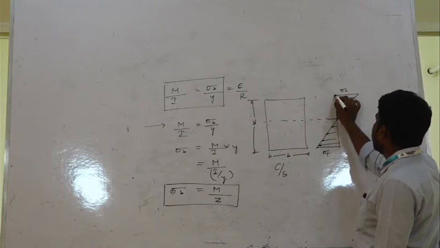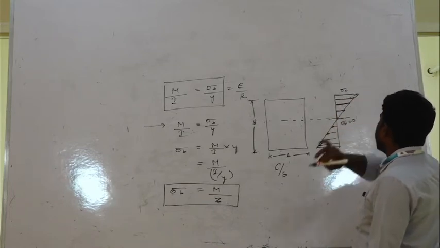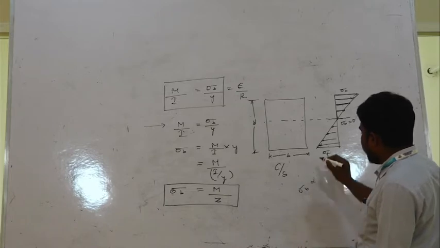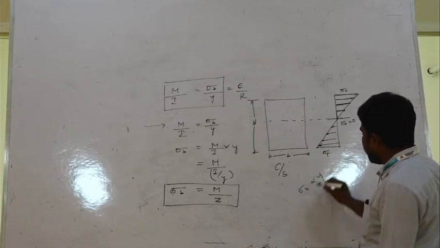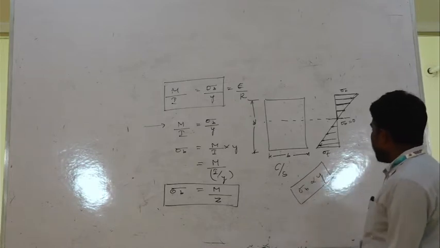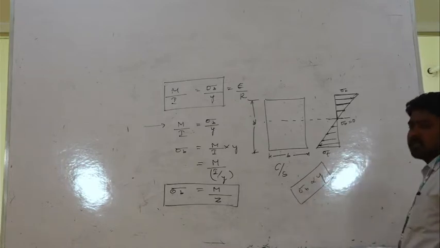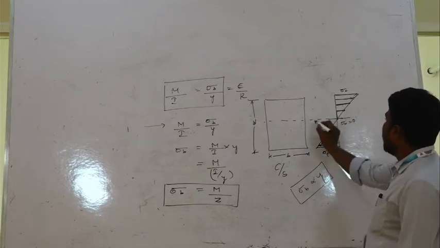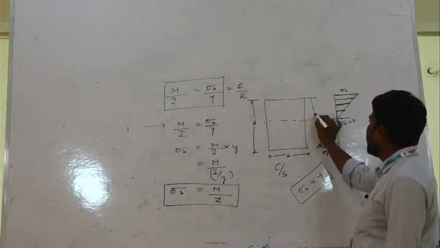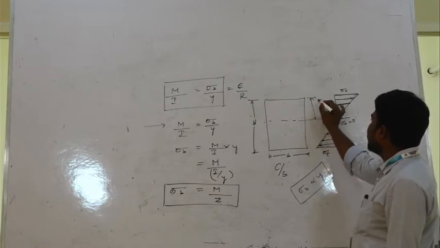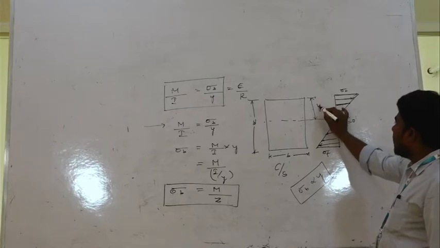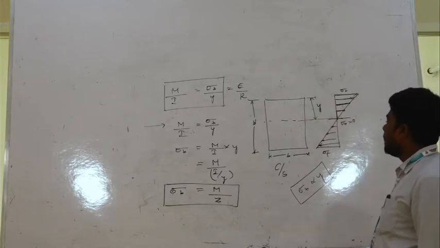That means bending stress is directly proportional to the extreme distance. What is meant by extreme distance? The extreme distance means the distance from the neutral axis to the extreme fiber.